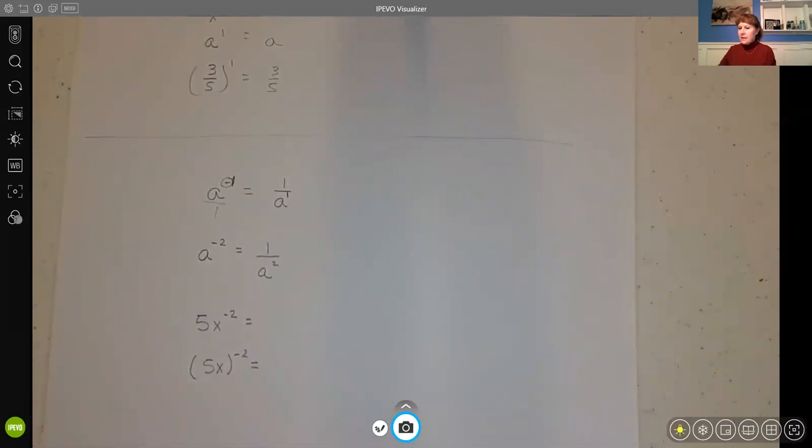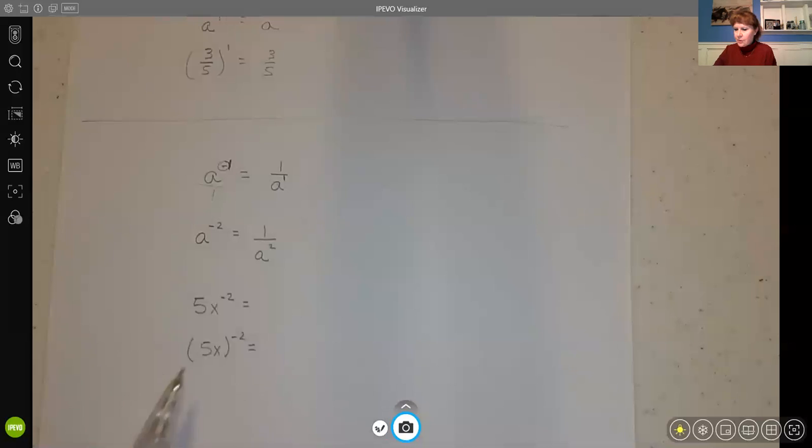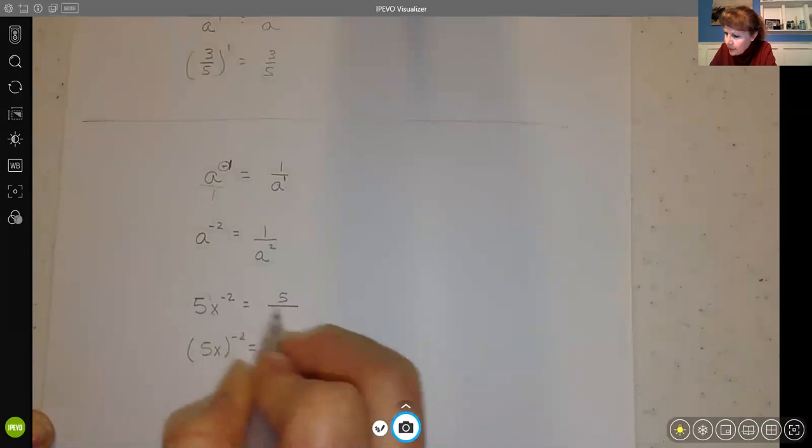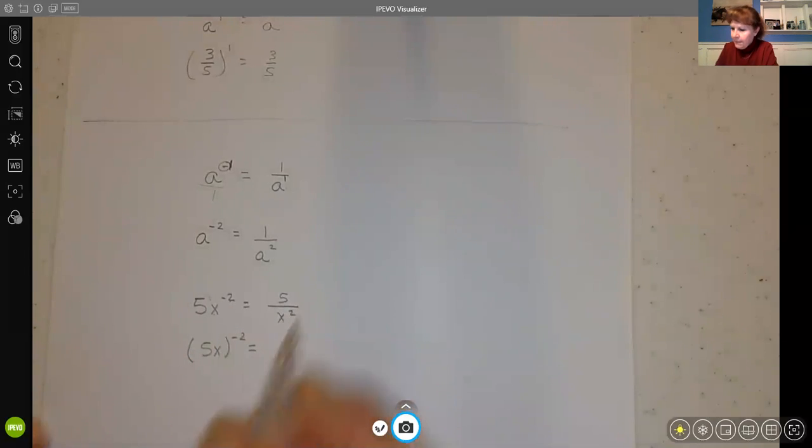This last one that I just wrote down, the 5 is included with the -2. But this first one, it's just the x to the -2. So the 5 has a power of 1. Since the power is positive, it will stay where it's at, but the x comes underneath. And that gives you 5 over x squared.